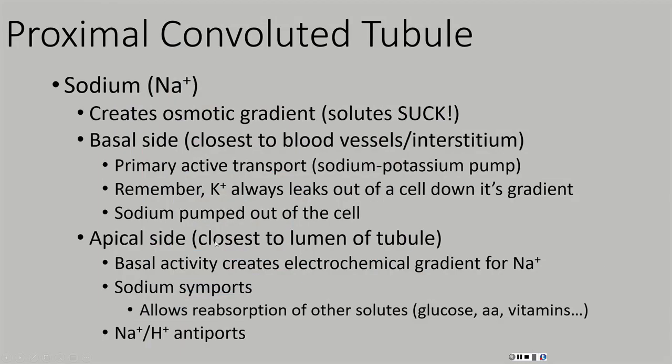That is then going to draw sodium into the cell on the apical side. And sodium's going to come in a few ways. It's going to come in through things called symports. A symport is something that transports 2 or more things at the same time.